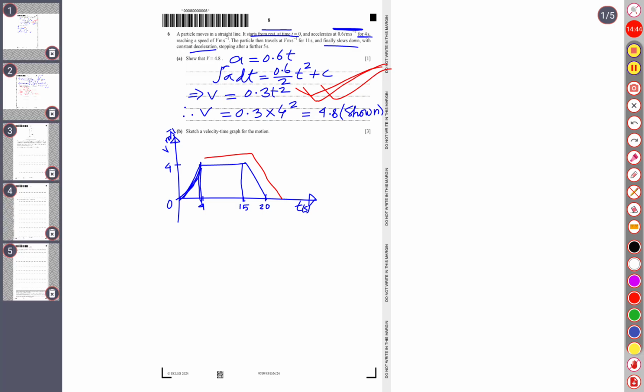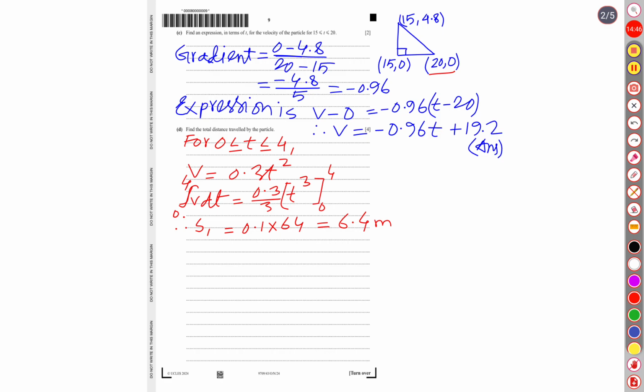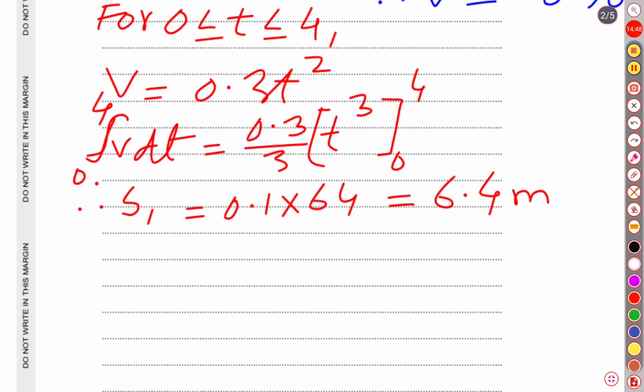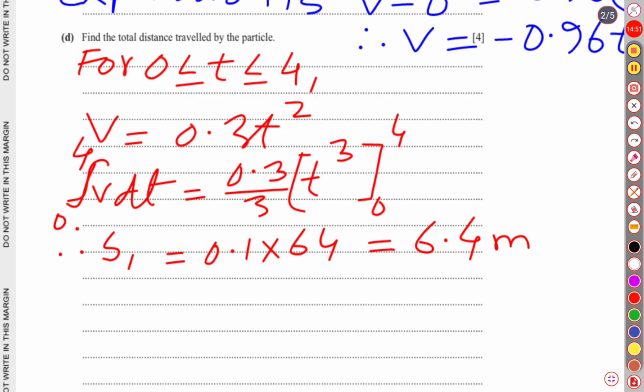Let us write for the second phase, from 4 until 20, until the last moment.